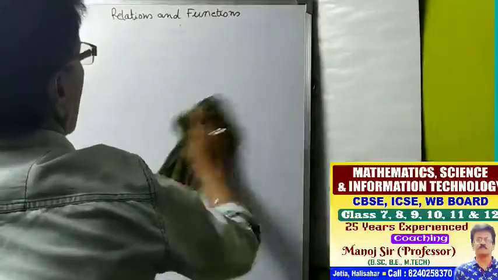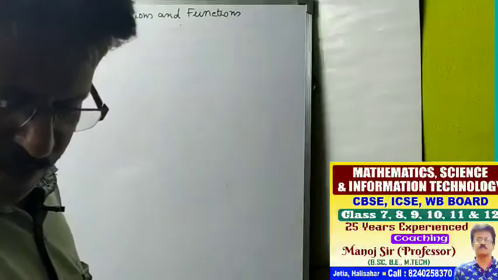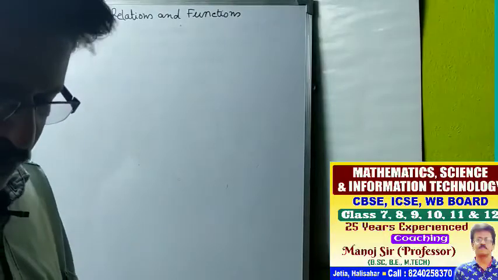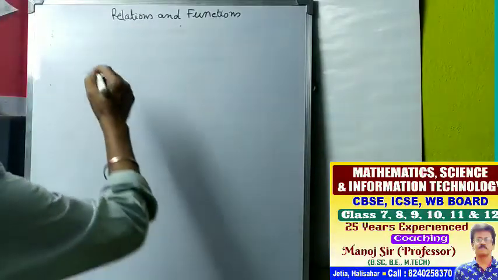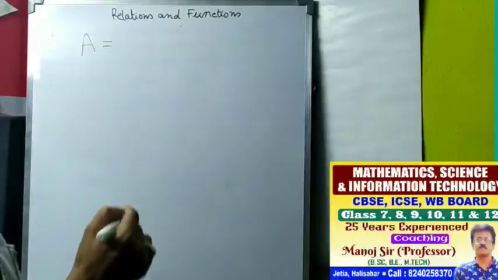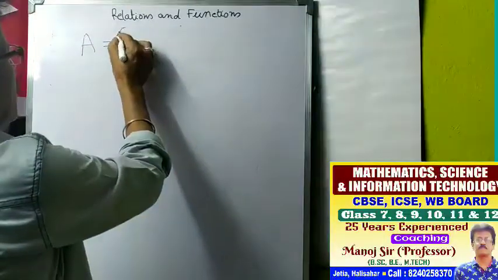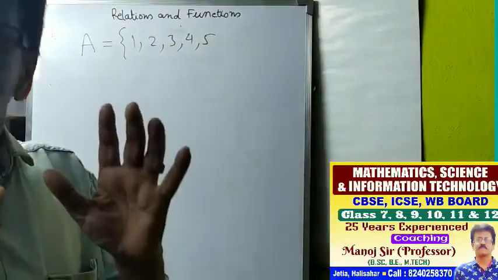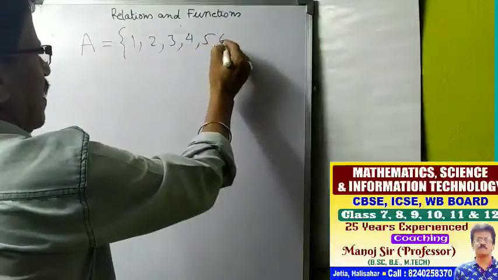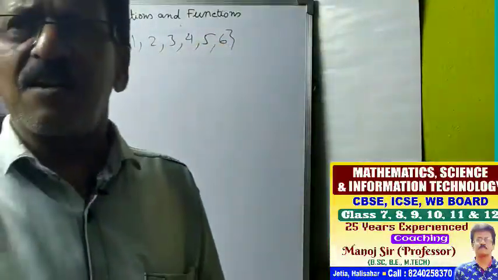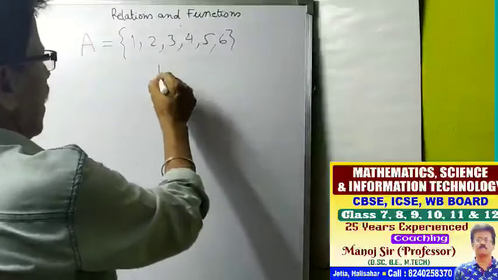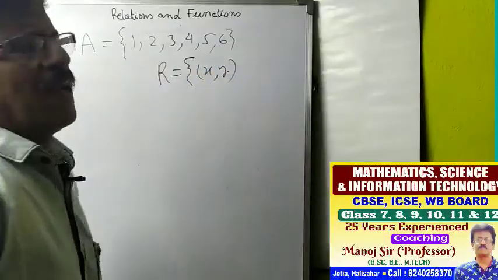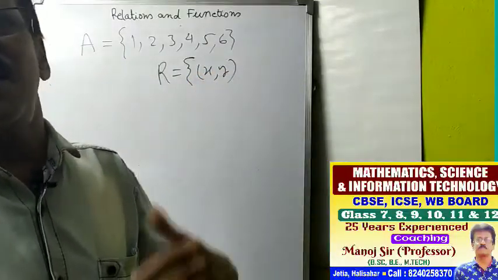Suppose we have a set A which contains some values, 1, 2, 3, 4, 5, or you can take 6. The definition of the relation in this case is R equals (x, y). You can say any relation, any condition.